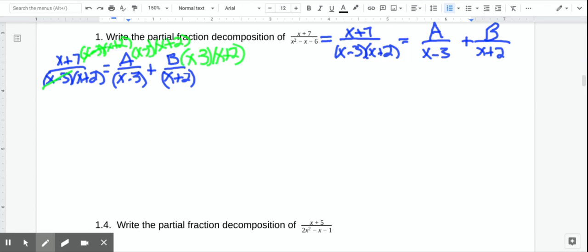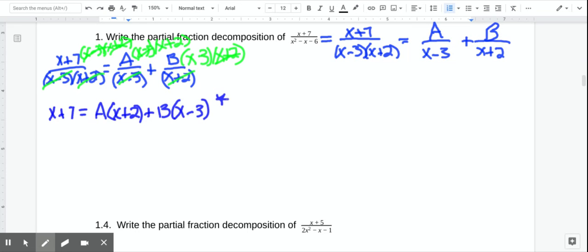And that's just going to cancel out stuff, so I don't have to worry about fractions at the moment. Okay, let me rewrite what we have here. On the left-hand side, we have x + 7. And then we have A(x + 2) + B(x - 3). Okay, this is what we want to solve.